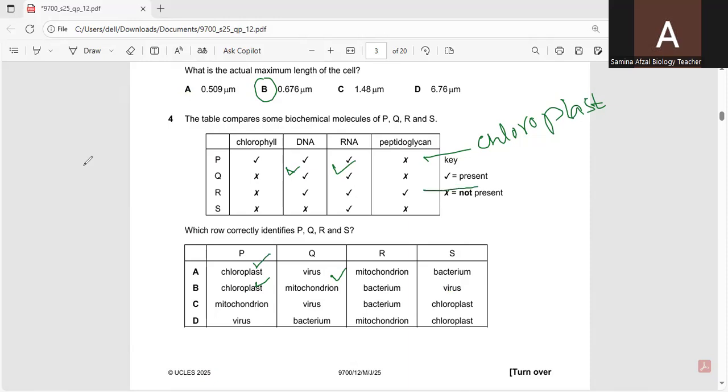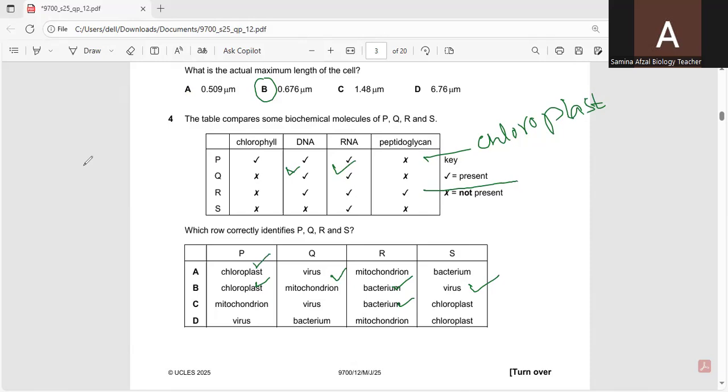You know, the cell wall of the bacterium is made up of peptidoglycan. So it can be a bacterium. And then S has RNA only. Chlorophyll, DNA, and peptidoglycan all are absent. So it can be a virus.